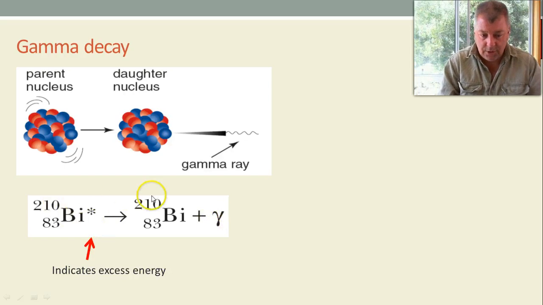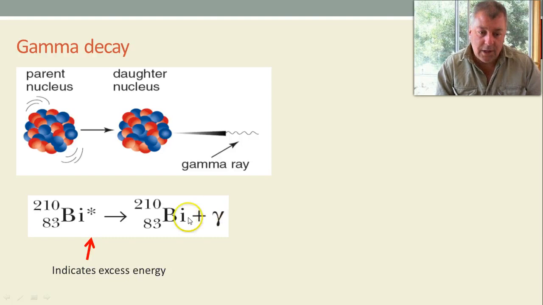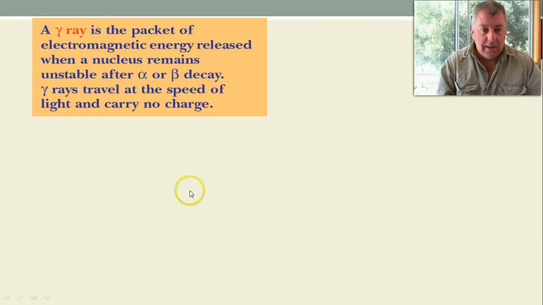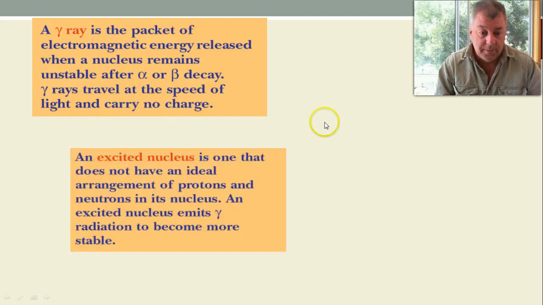Notice that none of the numbers change because gamma rays have no mass, therefore they don't change the number of protons or neutrons in the parent or daughter. They are, however, electromagnetic energy, and they travel at the speed of light and have no charge.